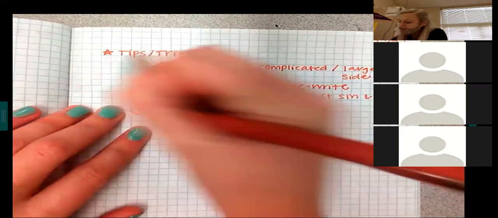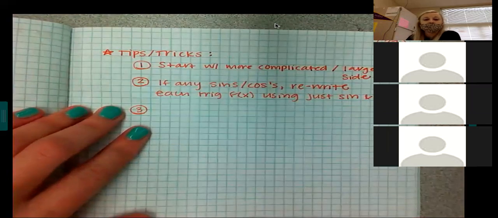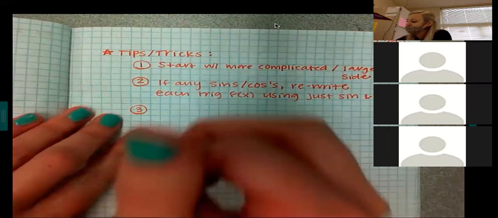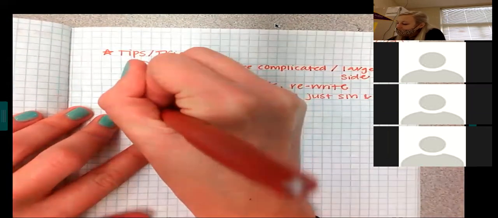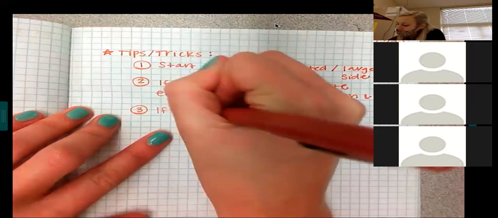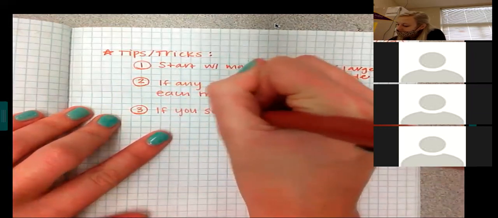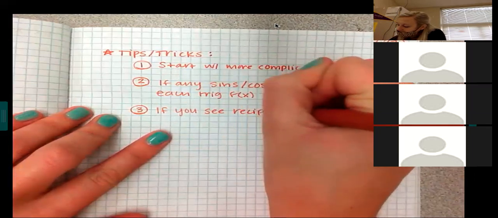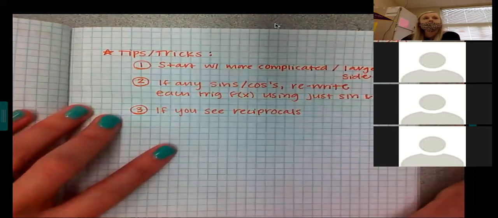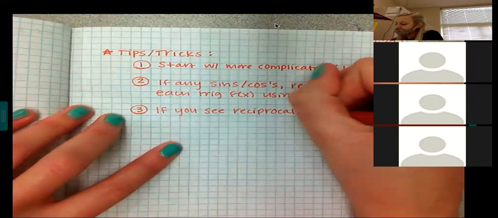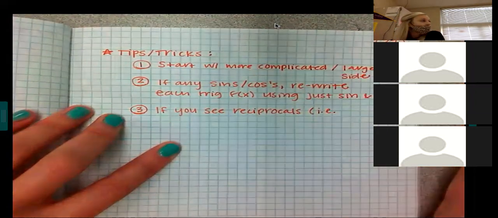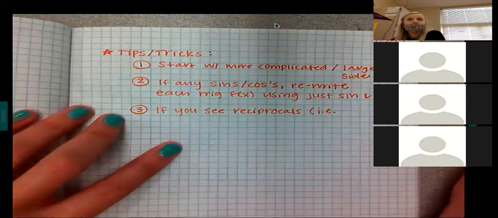Only got 2 more. If you see reciprocals, so somebody give me an example. Secant and cosine, sure.